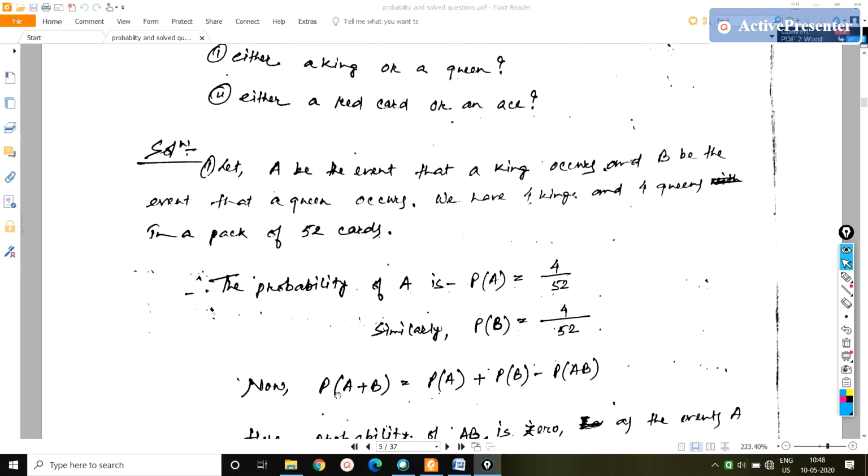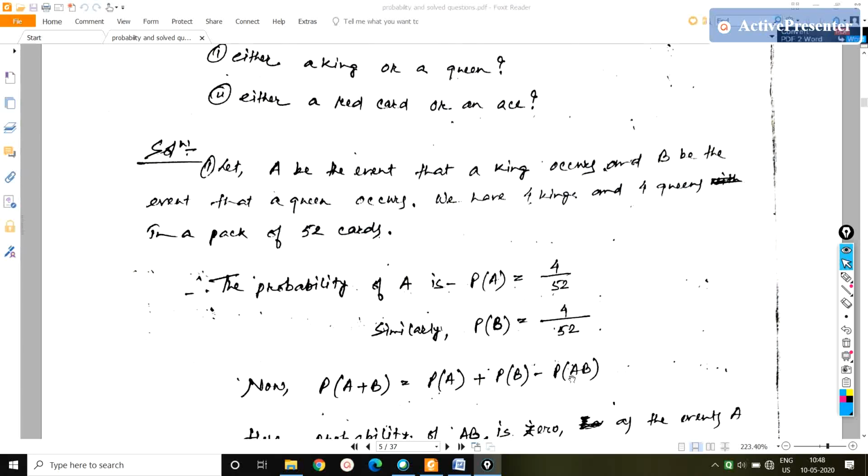So the probability of A plus B, that is either a king or a queen, is the probability of A plus the probability of B minus the probability of AB. Now you might wonder why we included the probability of AB. We included it because there are possibilities of a simultaneous occurrence of both these events AB in a problem. So we should check or verify whether this is possible or not.